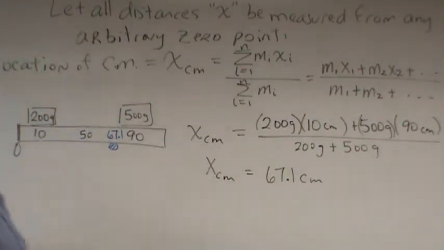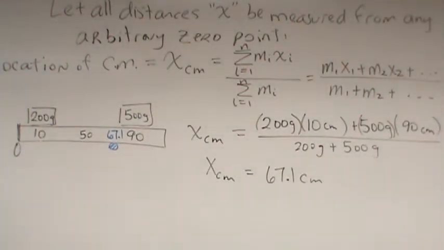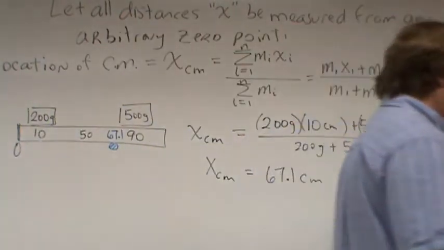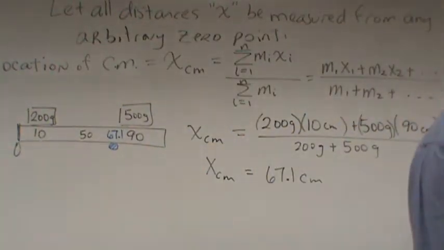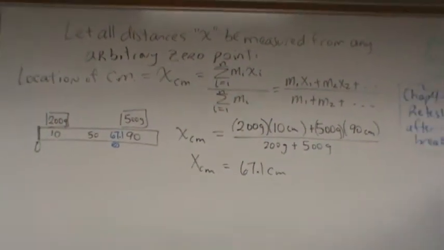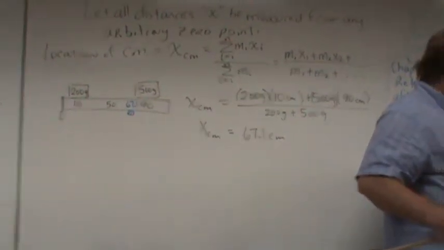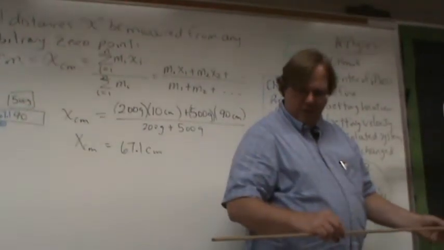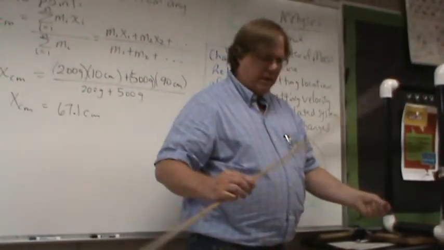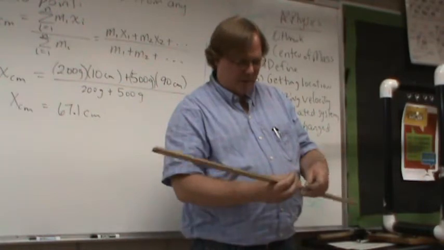So I want you to see I could choose any point as my arbitrary 0 level and get the same answer. I am now going to demonstrate this. And boy, will you be impressed when it works out perfect and I'm able to balance this at the 67 thingy.